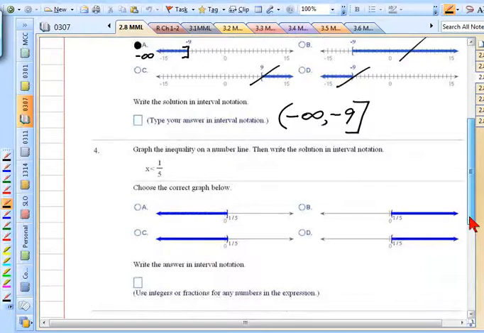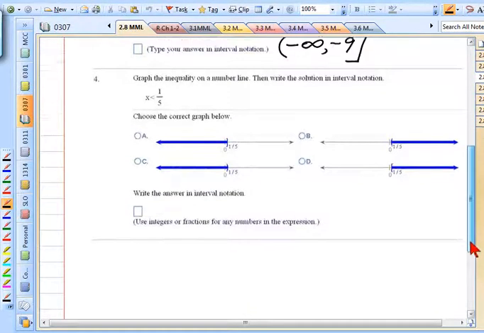Okay, let's look at number 4. I have the statement x is less than 1/5. So I'm going to go looking for first a graph. Which of these graphs is right?